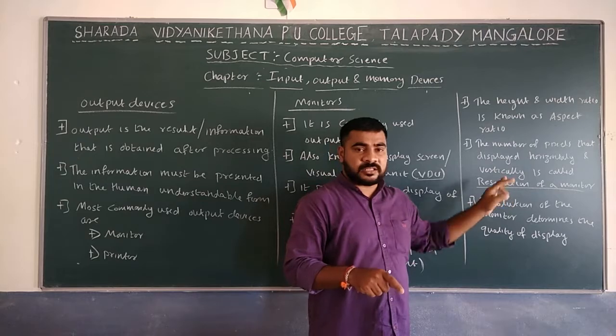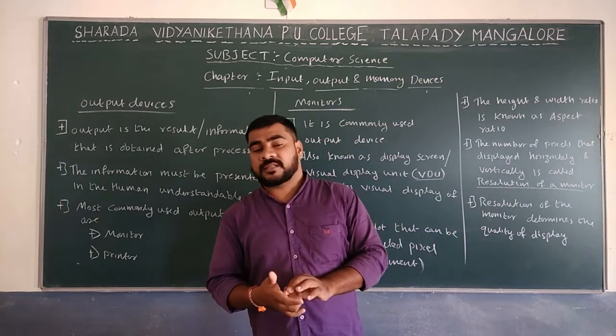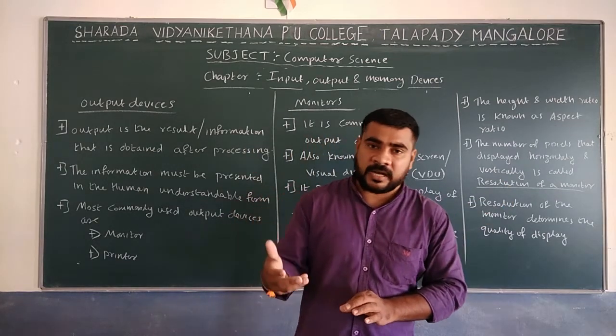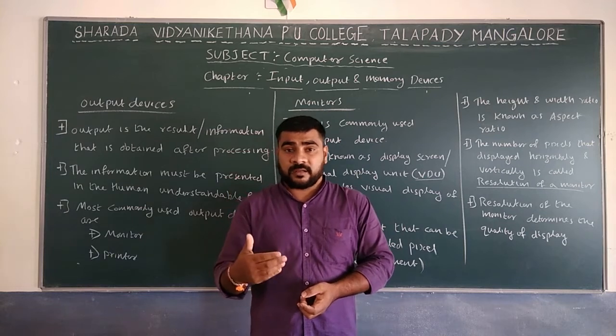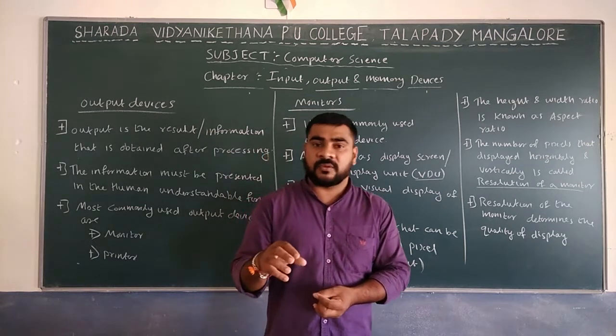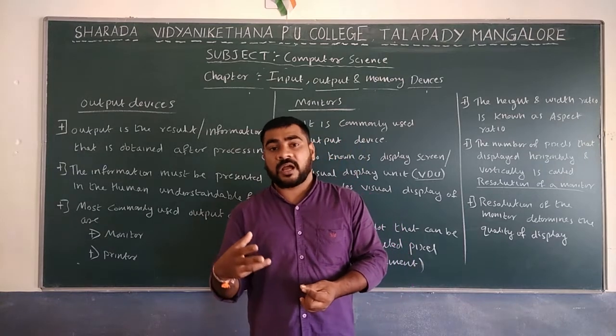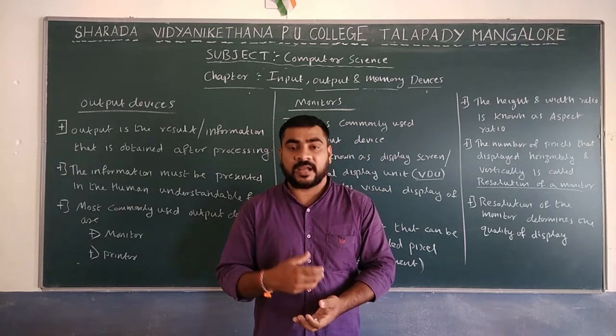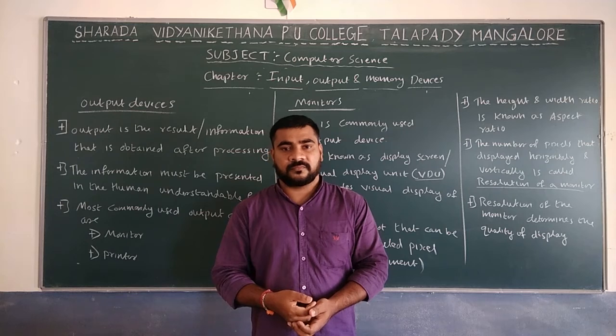Then a high clarity image or high clarity display means the number of pixels should be more. Otherwise, if the resolution of the monitor is high, it will provide high clarity images or a high clarity display.